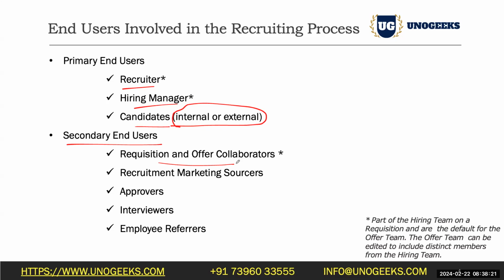So whom do we call a collaborator? I guess the collaborator role is similar to the recruiter: they support the recruiter and perform almost the same tasks, but they don't have access to all the features and functionalities which the recruiter has.